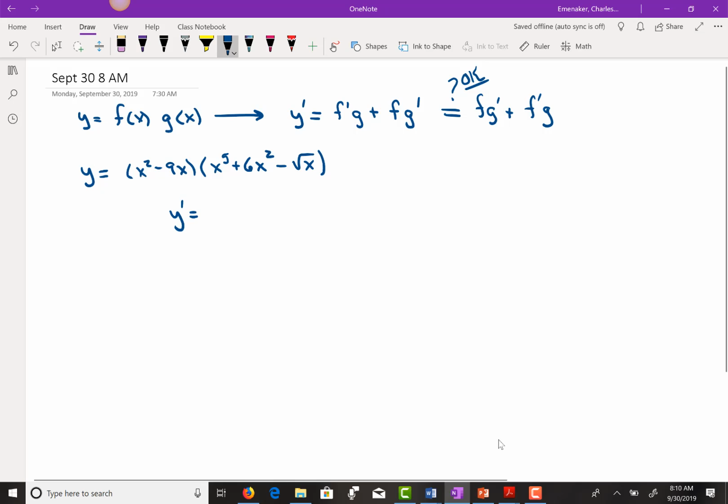Well, one way that you could do this, and I'm certainly not encouraging this because it gets a little lengthy, is you could distribute the x squared times each term, and then distribute the minus 9x times each term, multiply that mess out, and get some big long polynomial of sorts. And then just do it term by term by term. Doesn't look very pretty, does it? Okay? It is one way to do this.